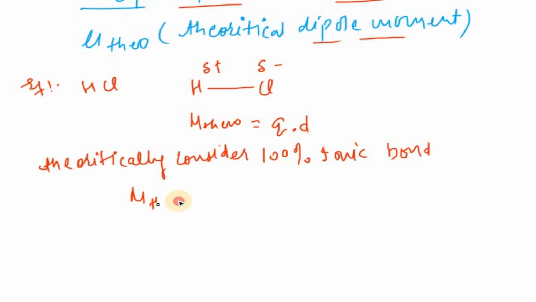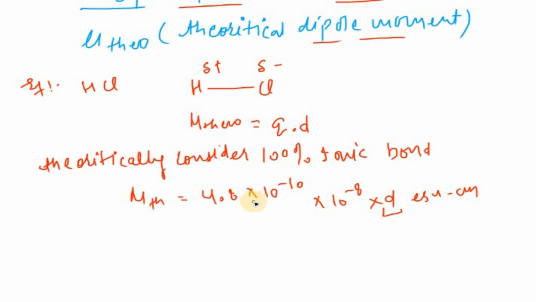Mu theoretical will come out to be 4.8 into 10 to the power minus 10, which is in ESU, into 10 to the power minus 8, which is the distance. Let's say the distance is D, but that is in centimeters.